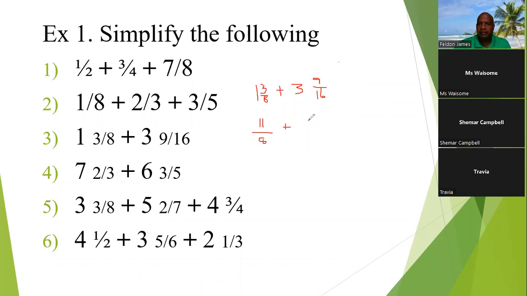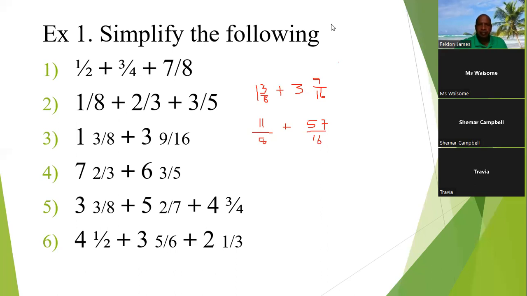All right, so you'd have 57. Everybody get over 16. All right, so 48 plus 9, 57 over 16. All right, so that's what you get. What next?